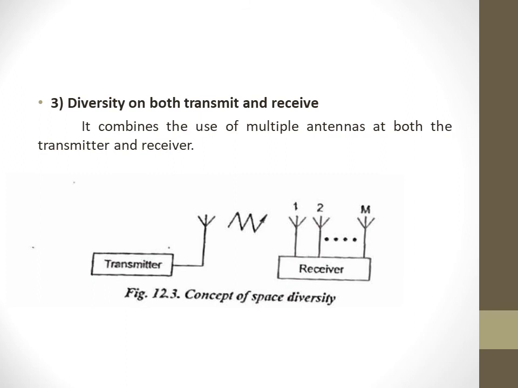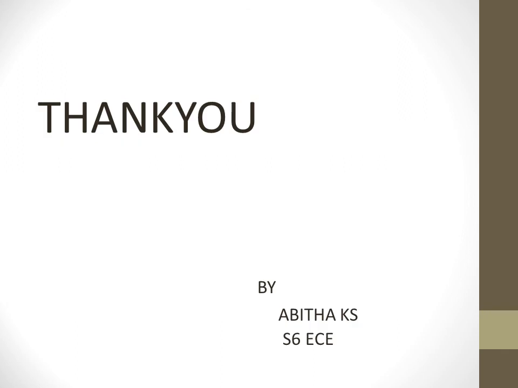So in space diversity, we need multiple antennas, and there should be space in between them in order to achieve independent fading. By using the space between the antennas, independent fading occurs in space diversity. That is all about my topic.